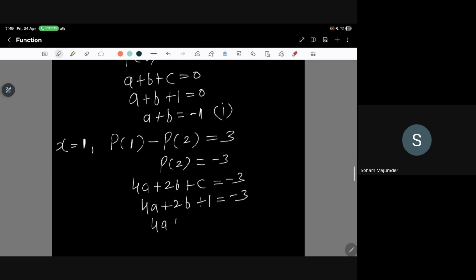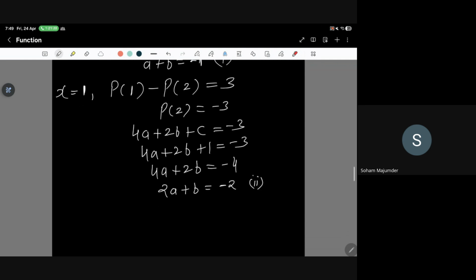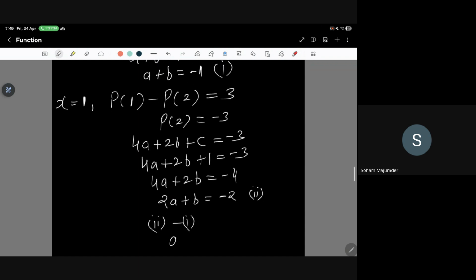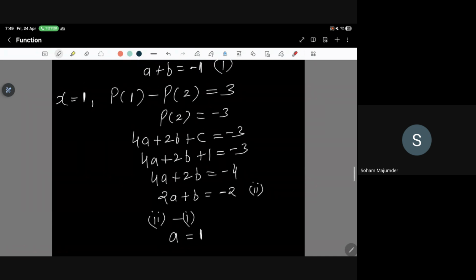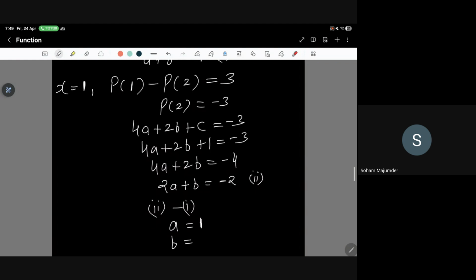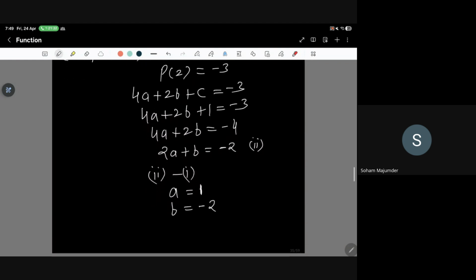So 2a plus b is minus 2. So when you subtract the equations, a comes out to be 1, and if a is 1, then b will be minus 2.